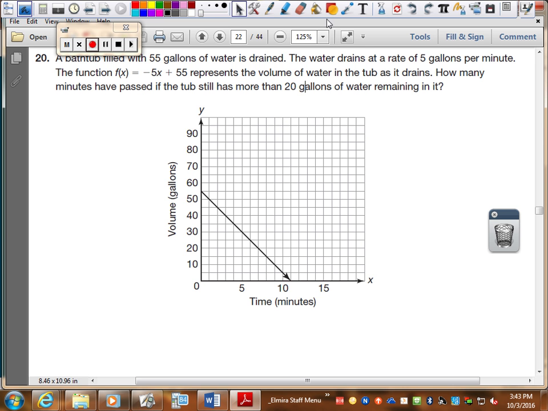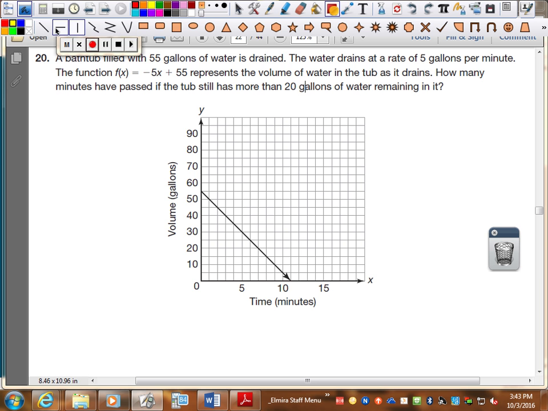Let's approach this from a common sense perspective. Okay, 20 gallons starts here. And going down. Okay, so what part of the graph are we talking about?